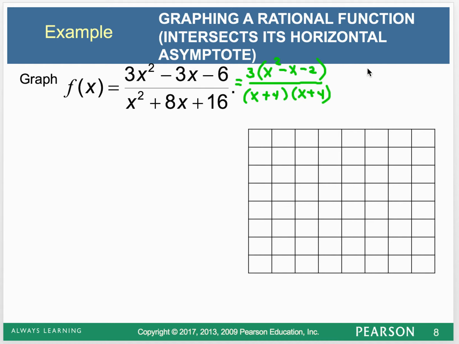I need this all factored anyhow for other steps, so I'm checking to see if it'll simplify in the beginning. Two numbers that multiply to give negative 2 and add to give negative 1 would be negative 2 and positive 1. So it doesn't simplify, but I've got it all factored.